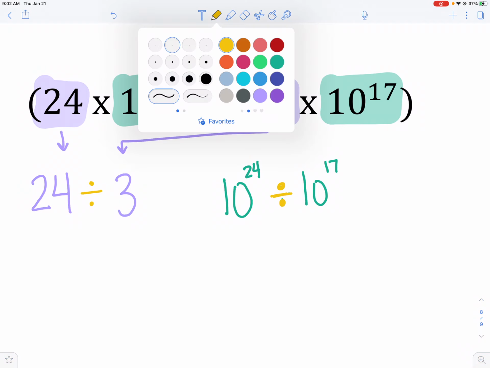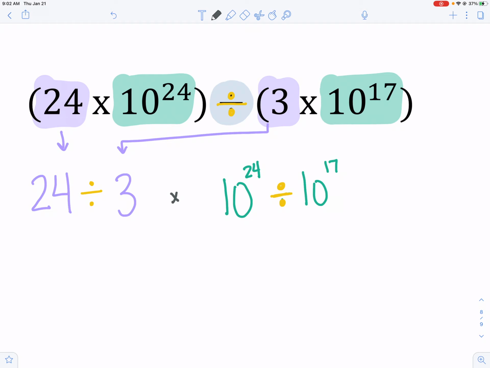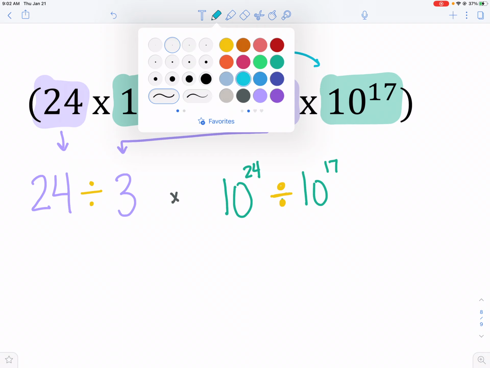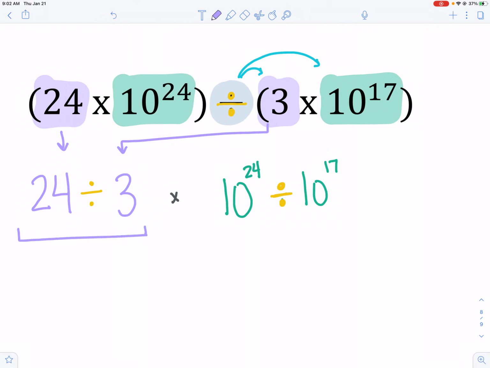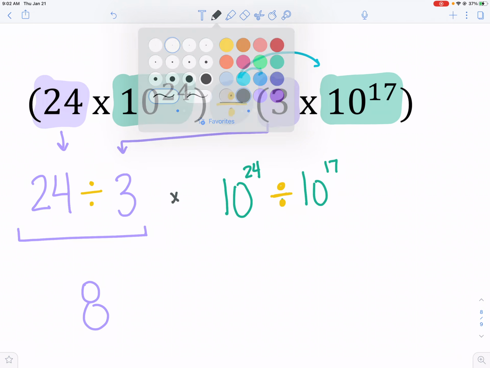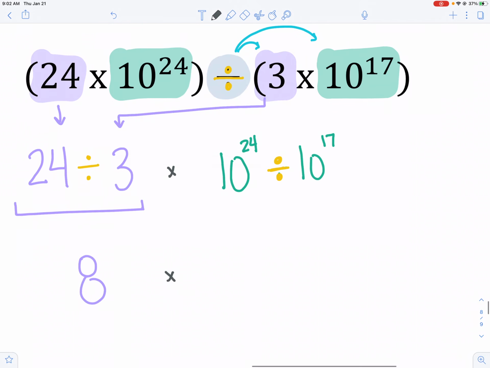Now between these two is multiplication, but you can think about it as distributing. I've got divide by 3, divide by 10 to the 17th, if you want to think about it like that. All right, so now I'm going to work with each individual piece. 24 divided by 3 is going to give me 8 times 10 to the 24th divided by 10 to the 17th.